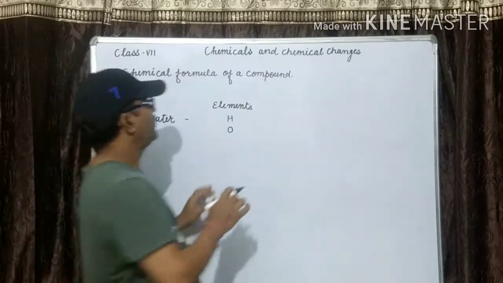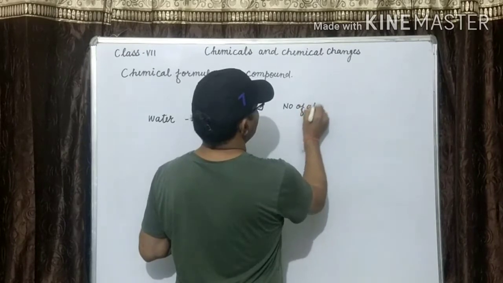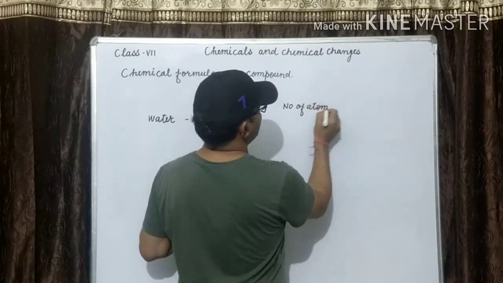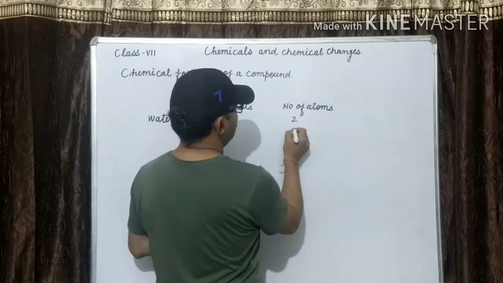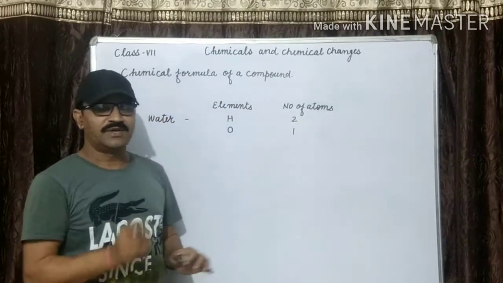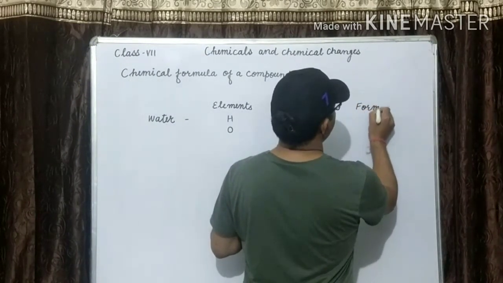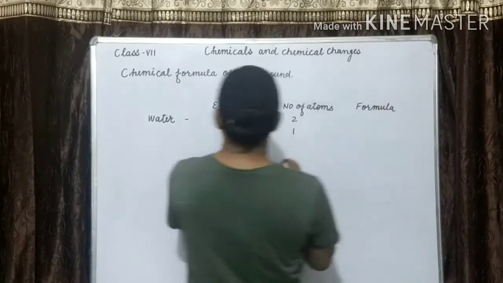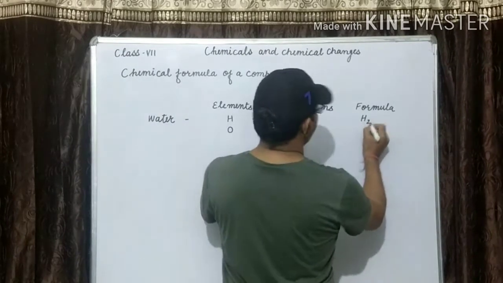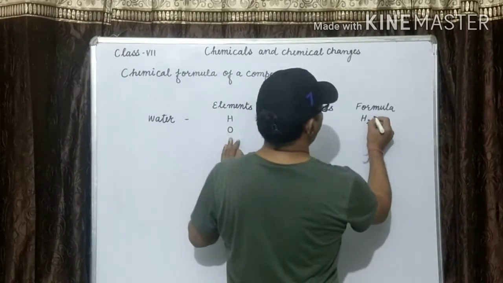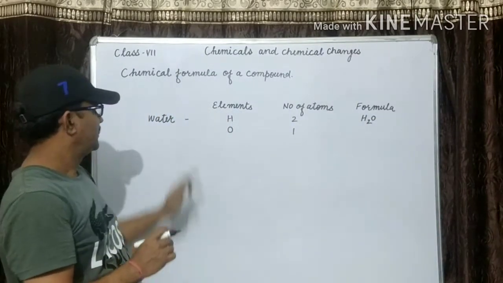Number of atoms: hydrogen 2, oxygen 1. So what is the formula of water? H2, because there are 2 atoms, and oxygen 1 atom: H2O. This is the formula of water.